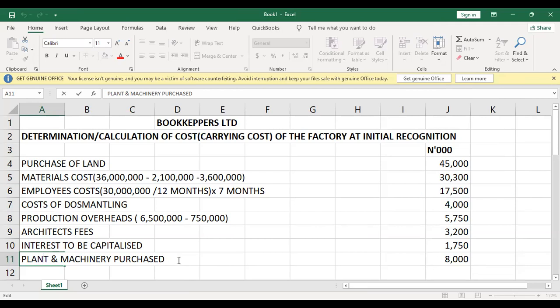So for plants and machinery purchased, if we want to have a record of all the plants and machineries we are buying or we have in the factory, either for a particular year or everything summed up together, we can still create an account for all of them.